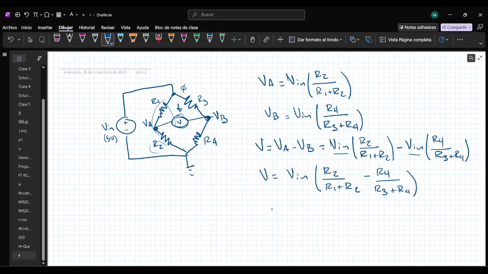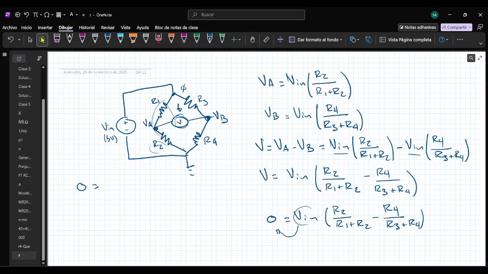If this voltage equals 0, this equation will be equal to 0, the input voltage times R2 over R1 plus R2 minus R4 over R3 plus R4. Now I can pass dividing this value, and this is a 0. 0 over anything will be 0. So I get that 0 equals this thing.